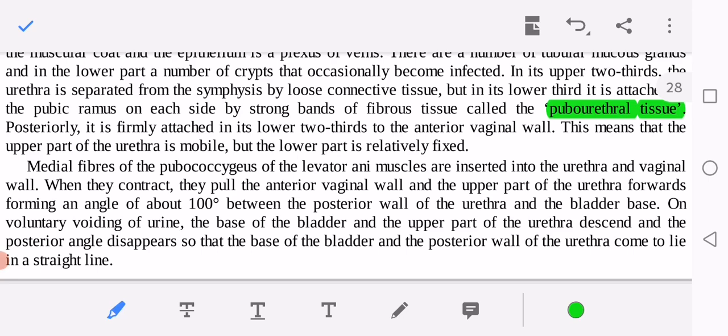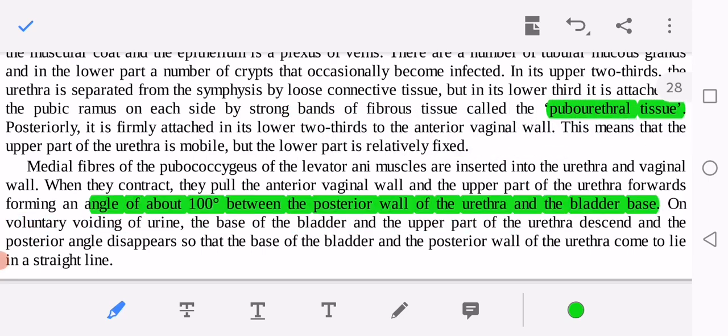When they contract, they pull the anterior vaginal wall and the upper part of the urethra forwards, forming an angle of about 100 degrees. So this angle is very important, the angle of about 100 degrees between the posterior wall of the urethra and the bladder base, because loss of this angle causes incontinence.